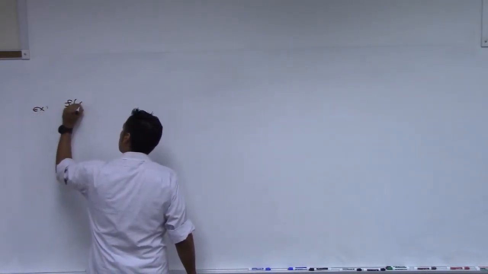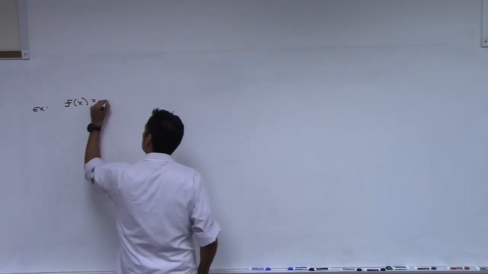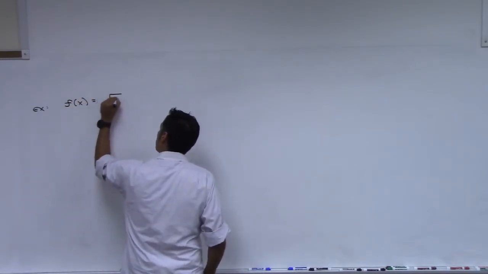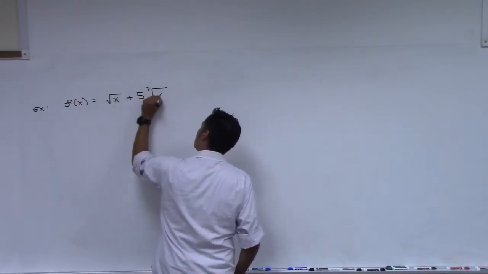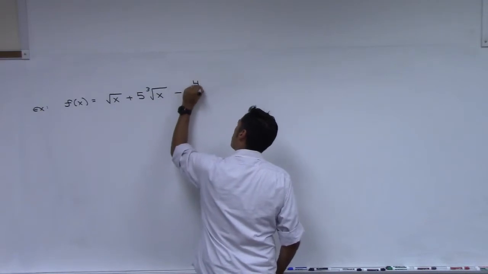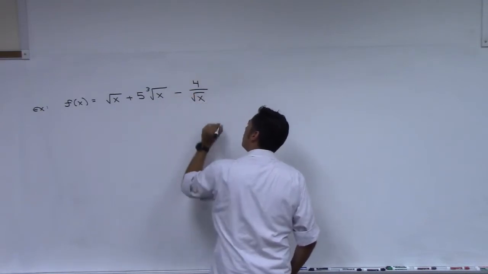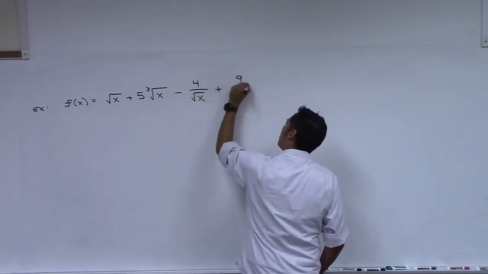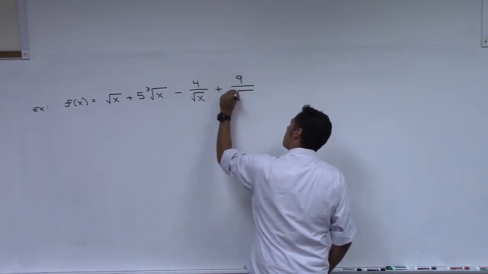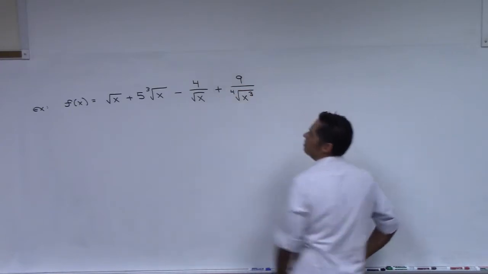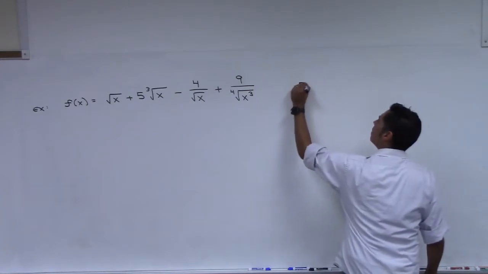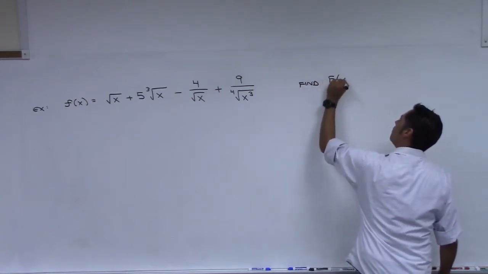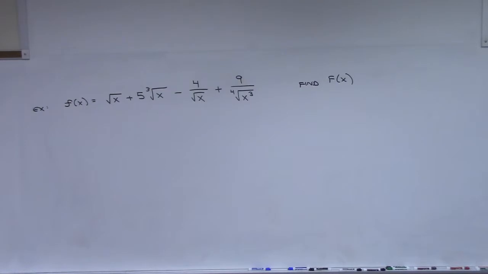Let's say that little f of x is equal to square root of x plus 5 cube root of x minus 4 over the square root of x plus 9 over the 4th root of x cubed. I would like for us to find capital F, find the antiderivative of that.